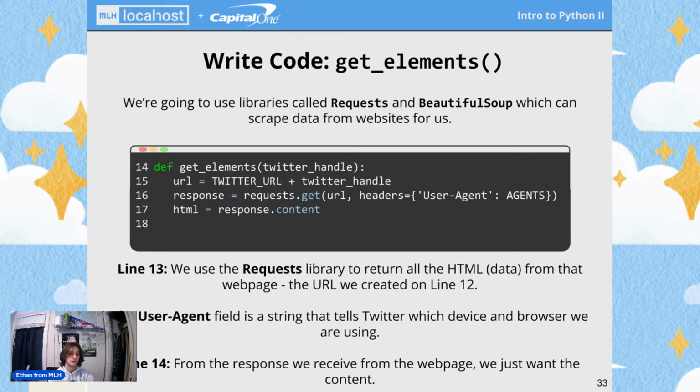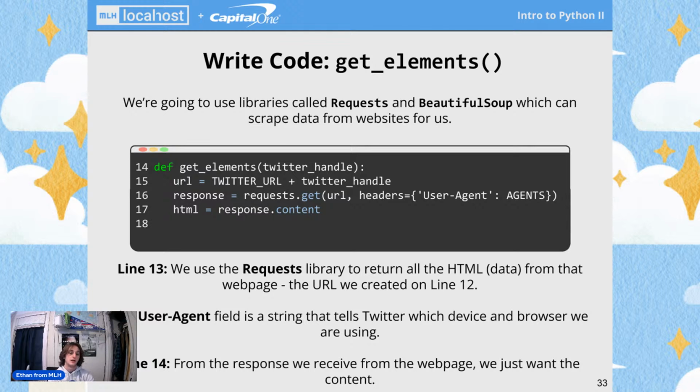Then response equals requests.get(URL, headers equals, and then in curly brackets, we've got user-agent colon AGENT, all in caps. And then that's it for that line.